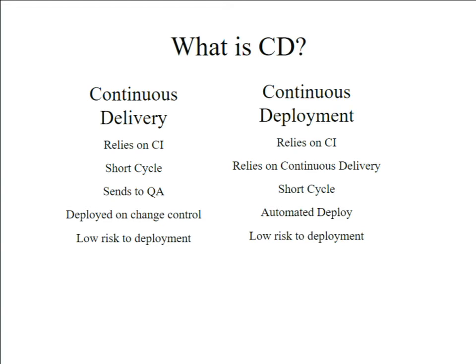Continuous deployment differs in that continuous deployment relies on continuous delivery. You still want to have the quality assurance. You still want to have someone saying, yep, these changes are ready to be merged and ready to be deployed. But with continuous deployment, you're doing that automatically. So on our staging branch, every time a new commit gets made, a change gets made to the code, it's built, it's tested, and then it's automatically deployed to our staging environment.